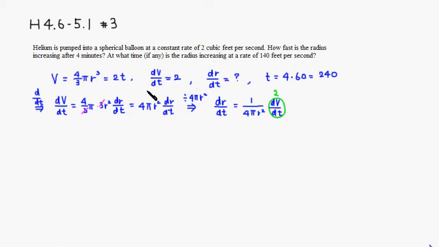We can find r from this equation. So you have 4/3 pi r cubed equal to 2 times t. T is 240, so put that in here: 2 times 240 is 480.